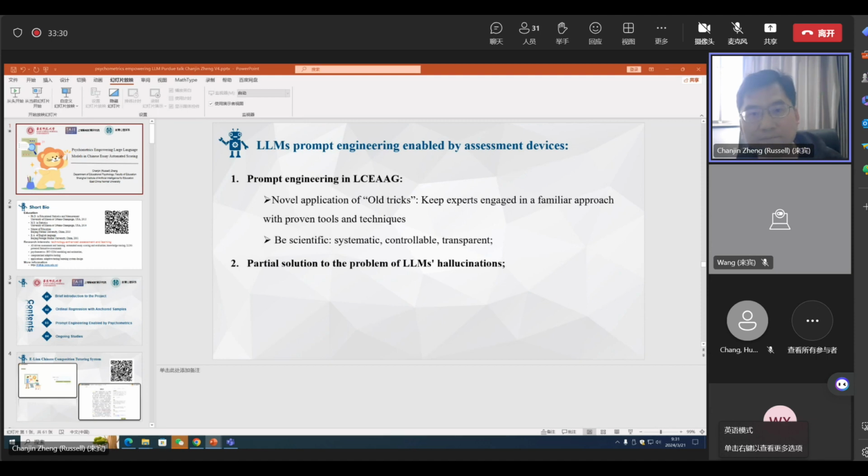So that's a good thing. Just like I said, it's an old trick. It's nothing new here, for the assessment part. If you do this, you will eliminate most of the hallucination problems. And if you are enhanced by that individual student's assessment results, you can really get almost all of them.